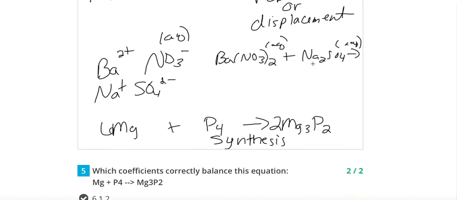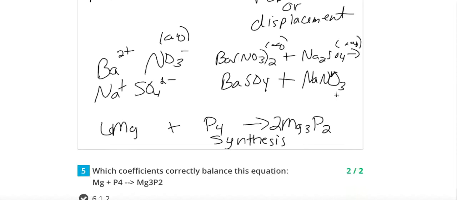This one's aqueous because it's family number 1. Now let's look. You've got 2 cations and 2 anions, so this is a double displacement switch. On the other side, I'm going to end up with BaSO4, because Ba was a 2 positive, SO4 is a 2 negative, so it's equal, plus Na is a +1 and NO3 is a -1, NaNO3.